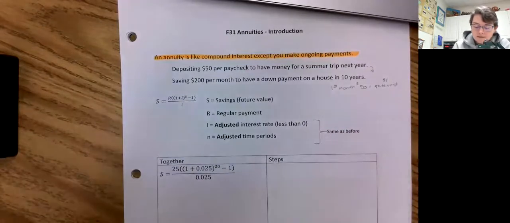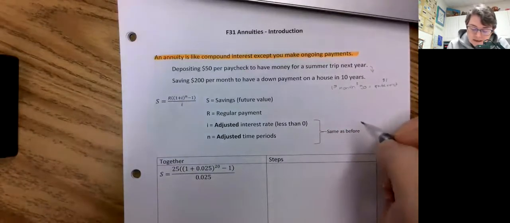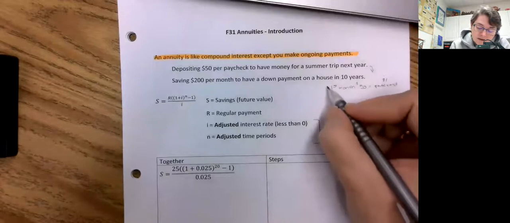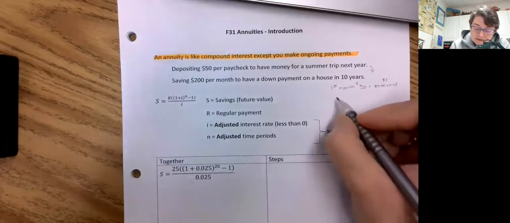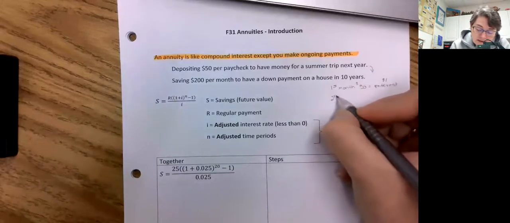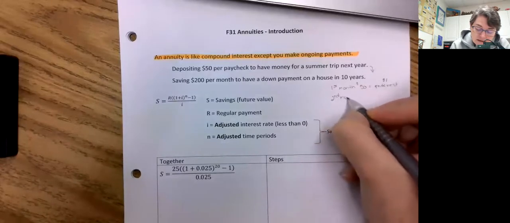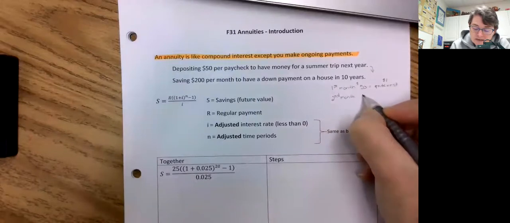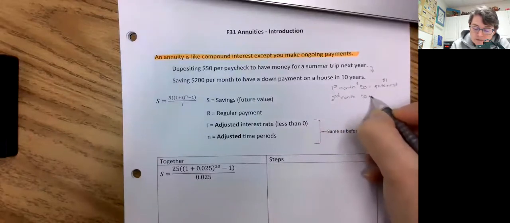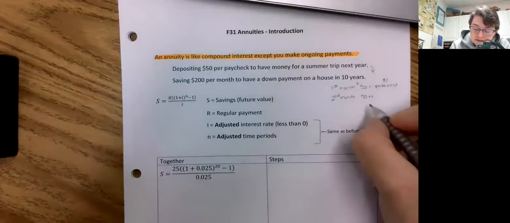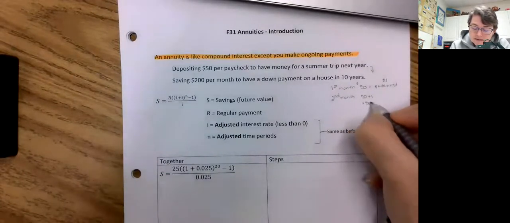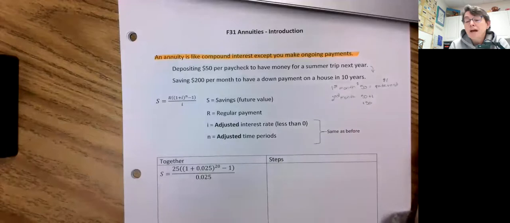Okay, so if it was compound interest, then the second month you would have your $50 in there plus your $1 worth of interest, and then you get interest on it. But an annuity says, you throw in an extra 50 bucks.